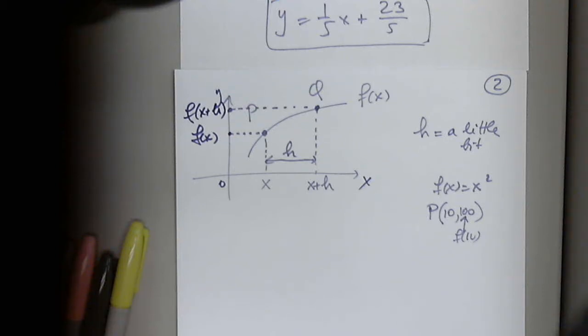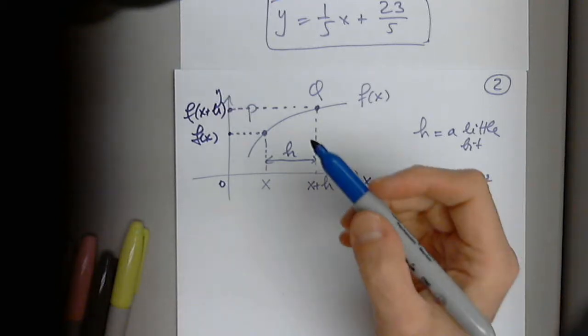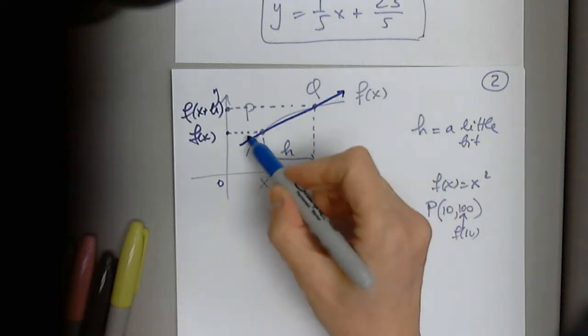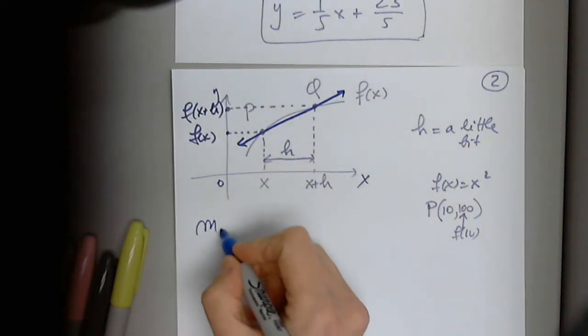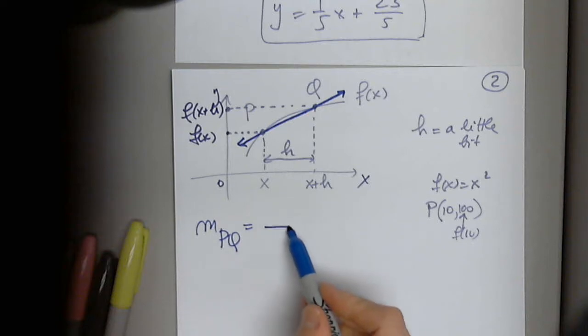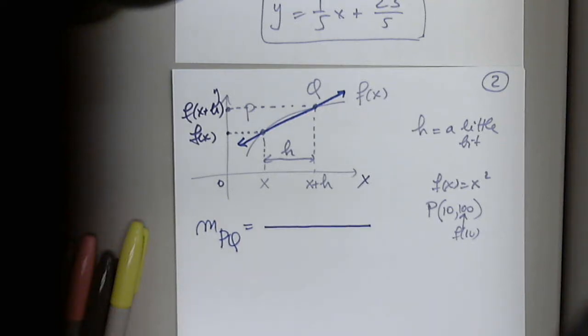Okay, very good. So now I would like to determine the slope of this line. I want to find the slope of the line PQ. And we just refreshed our memory on the slope of a line passing through the 2 points.